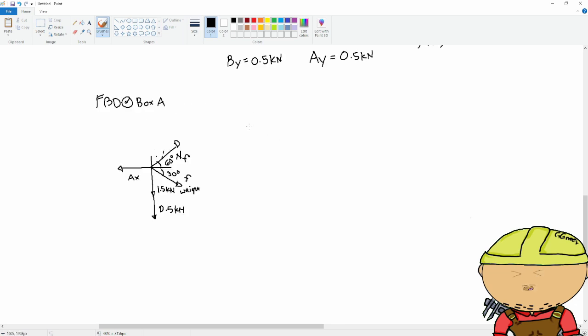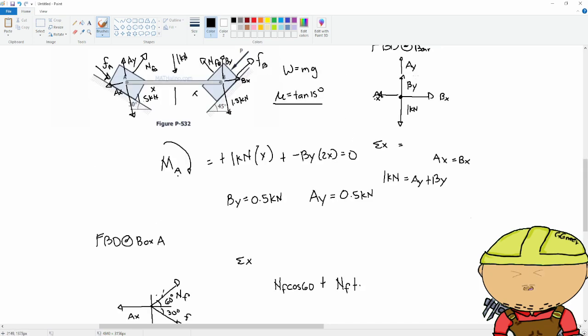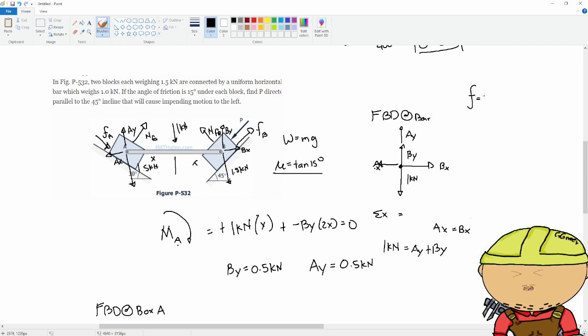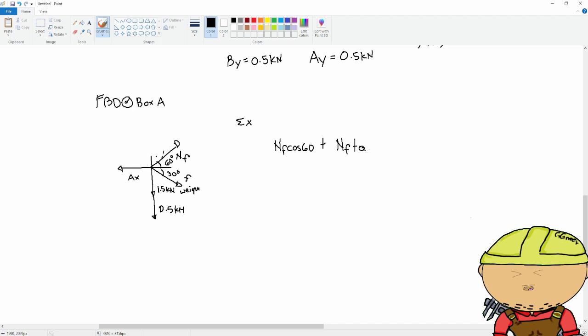So let's do the X component first. NF cosine 60 plus the friction. The formula for friction is mu NF, or in this case, F friction is equal to tangent 15 degrees NF. So NF tangent 15 degrees cosine 30 is equal to AX.